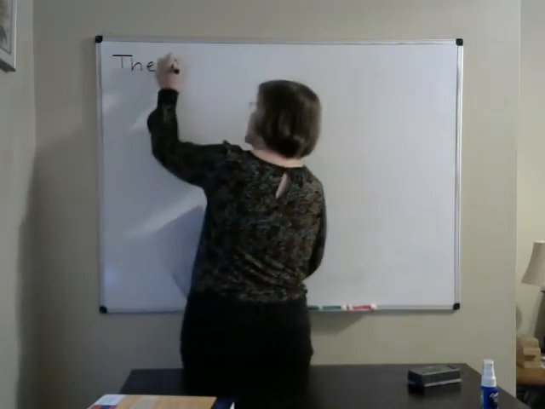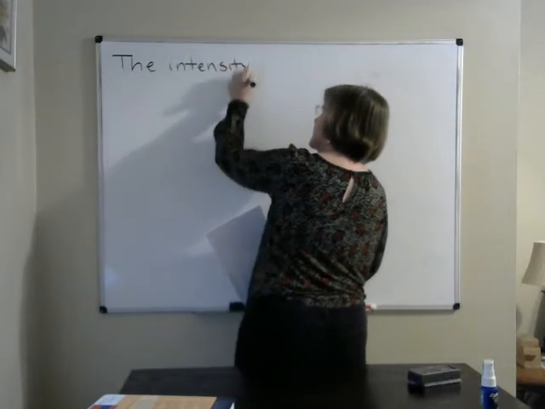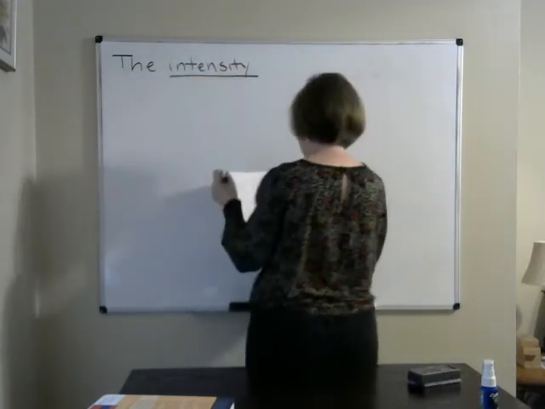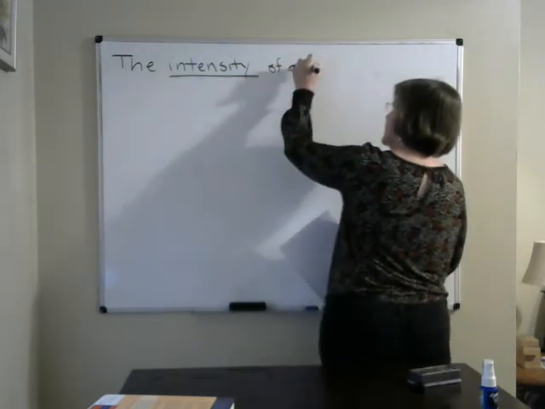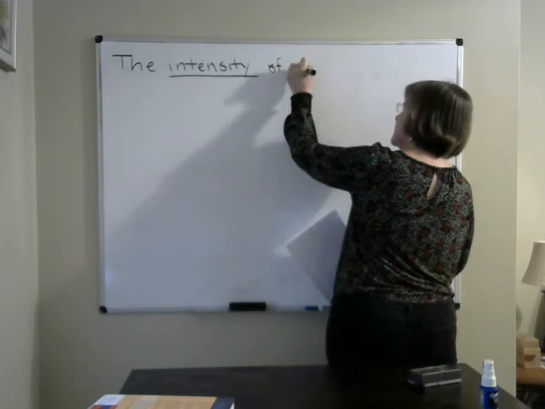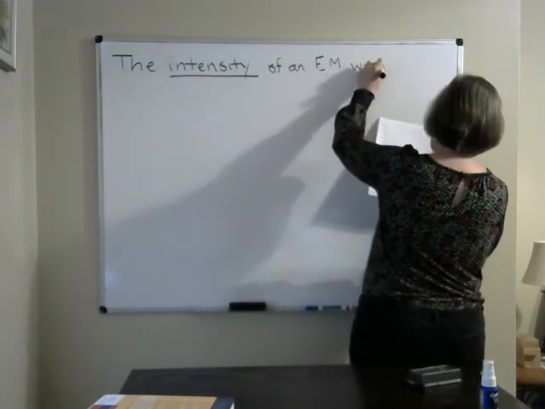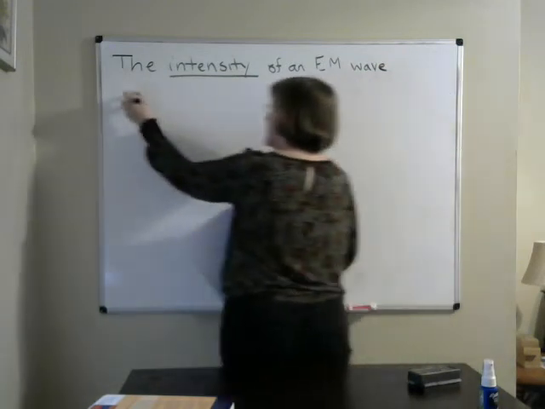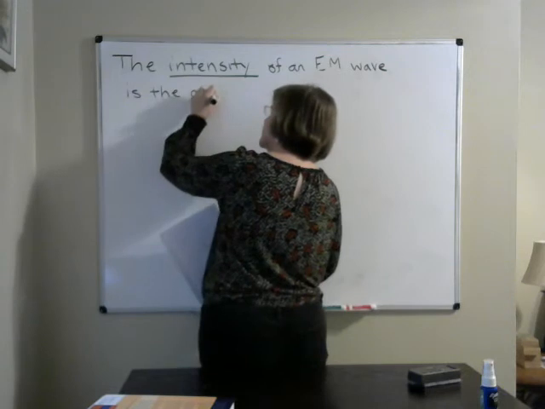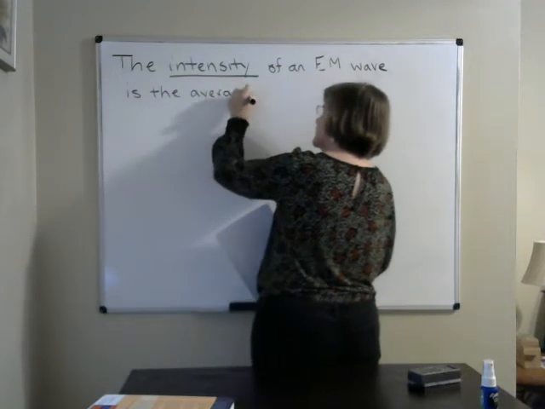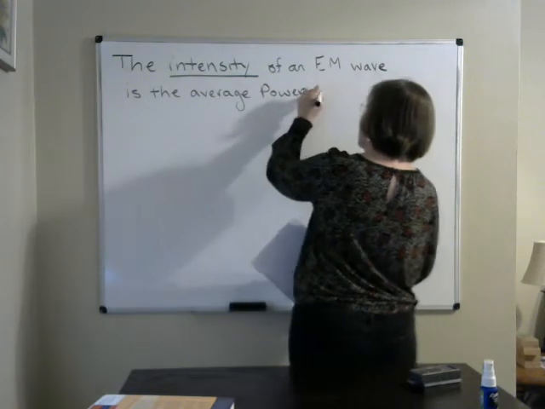The intensity of an electromagnetic wave is the average power per unit area.